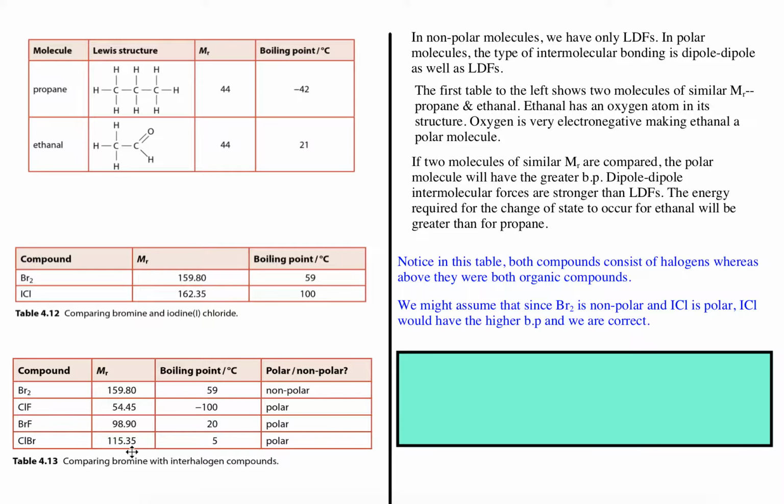So I have a couple of things to look at. Let me just step back. First of all, bromine is nonpolar. The others are polar. However, bromine has a much larger molecular mass than any of the others. So we can't necessarily make a prediction.